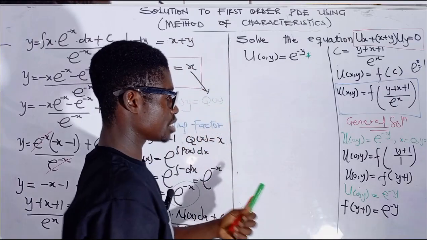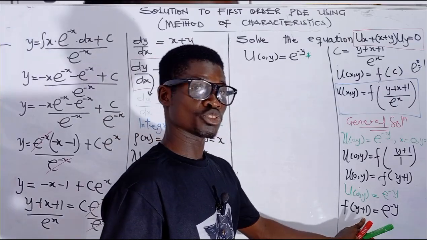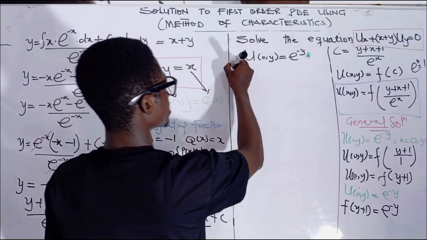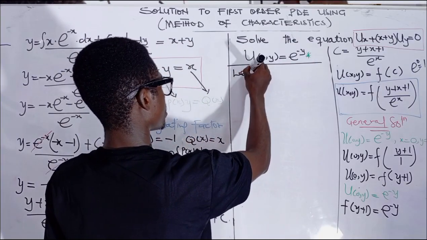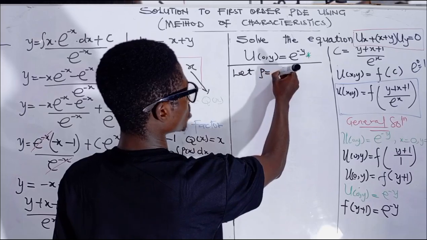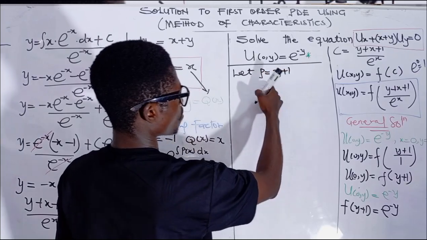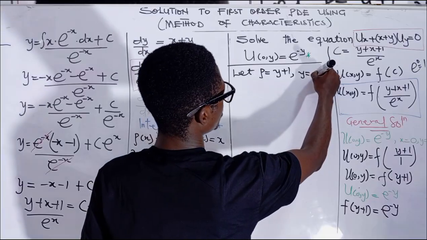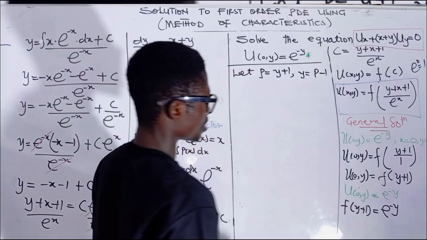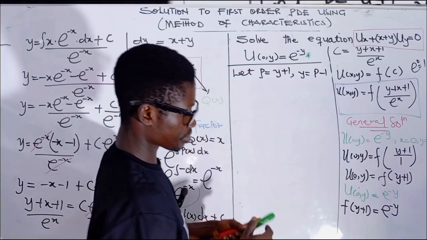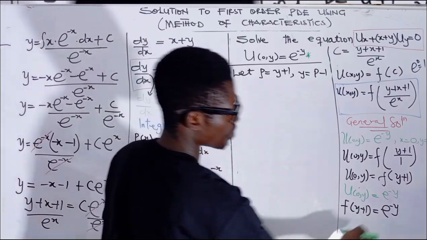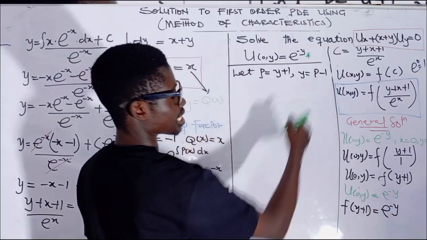From here, we are going to let a variable represent what is in the function. Let p be equal to y plus 1. We can make y the subject, so that y is p minus 1. So wherever we see y plus 1, we replace it with p, and wherever we see y, we replace it with p minus 1.